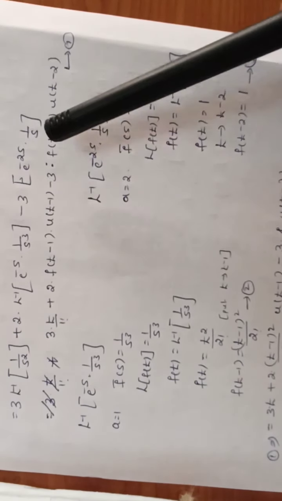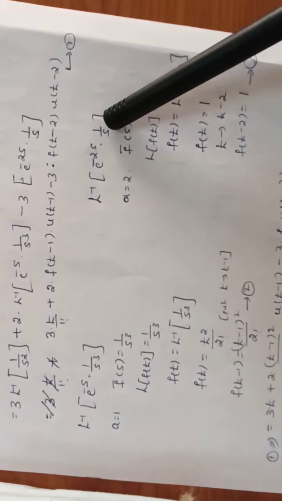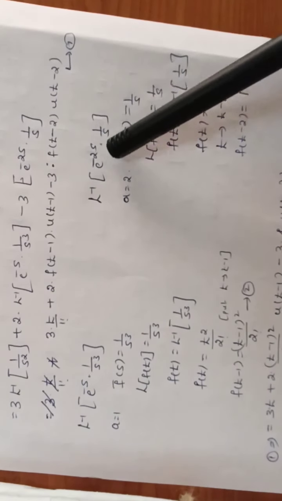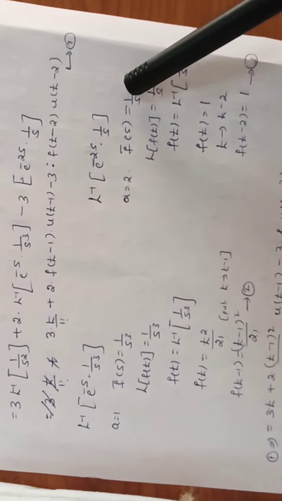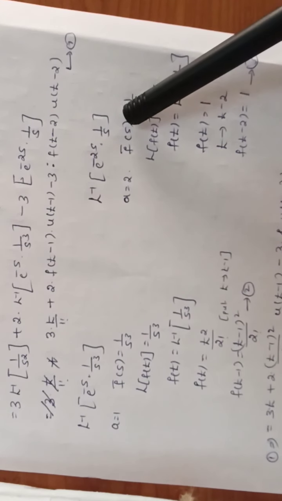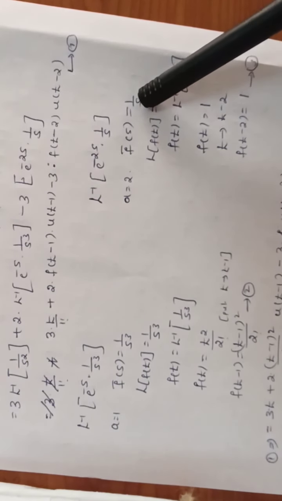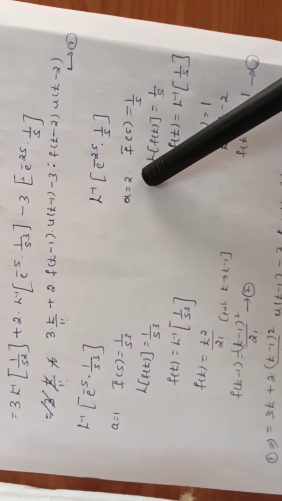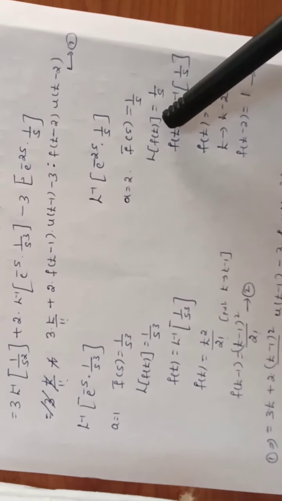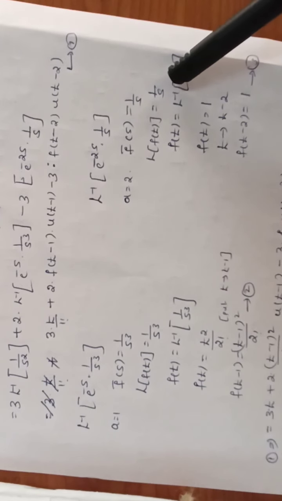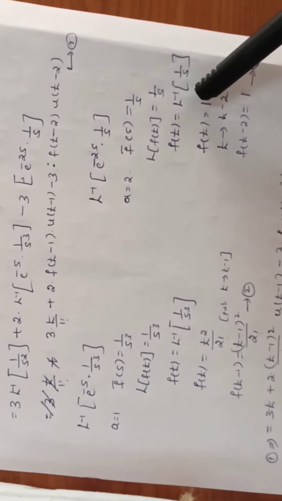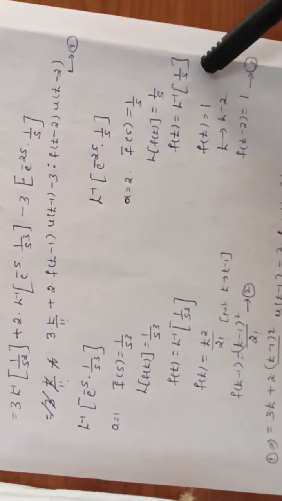For that, L inverse of e power of minus 2s into 1 by s. So in this function, we have to identify our f bar of s, which is given by 1 by s, and the value of a is equal to 2. Therefore, L of f of t is equal to 1 by s and f of t is equal to L inverse of 1 by s.